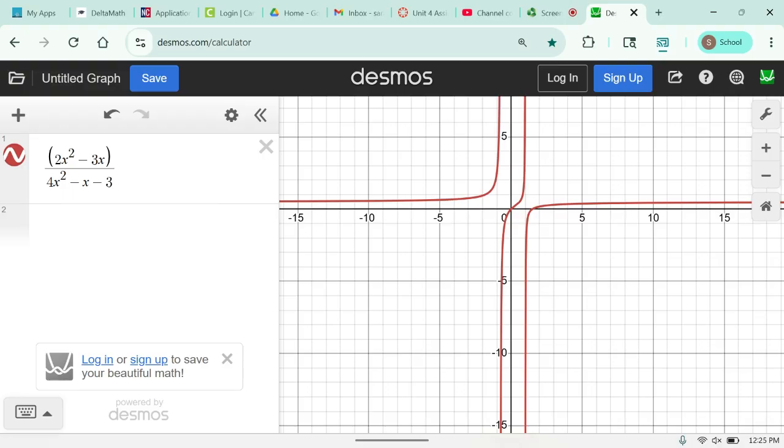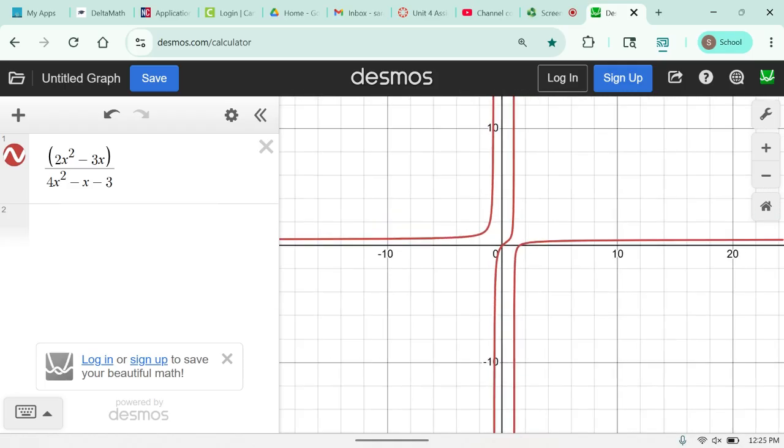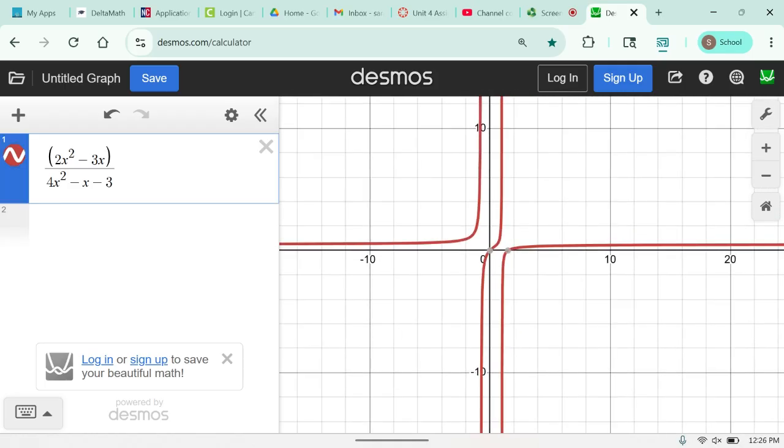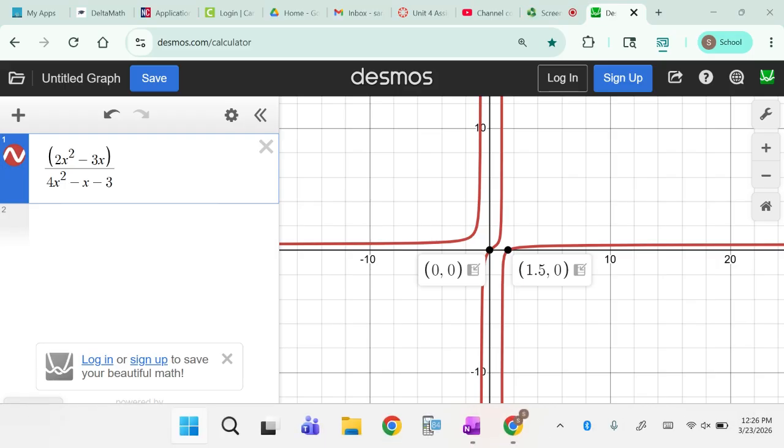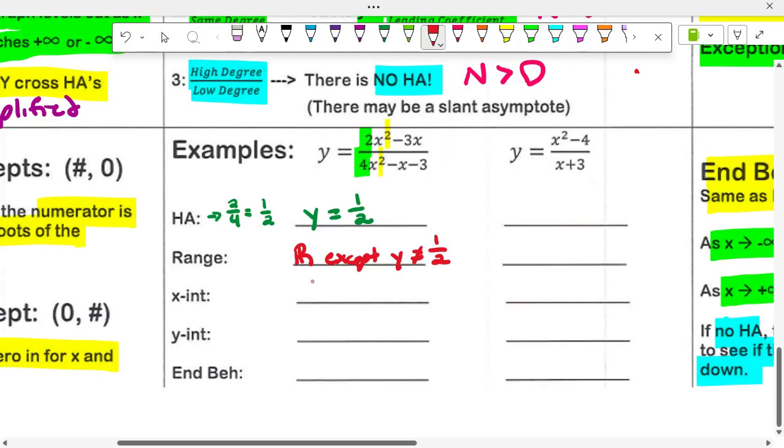All right, this is a prime example of it possibly crossing the horizontal asymptote. That or there's a hole. There's probably a hole. Anyway, so if I want to look for my x-intercepts, I have one here and here. So what are my x-intercepts? 0, 1.5. So my x-intercepts are 0 and 1.5.